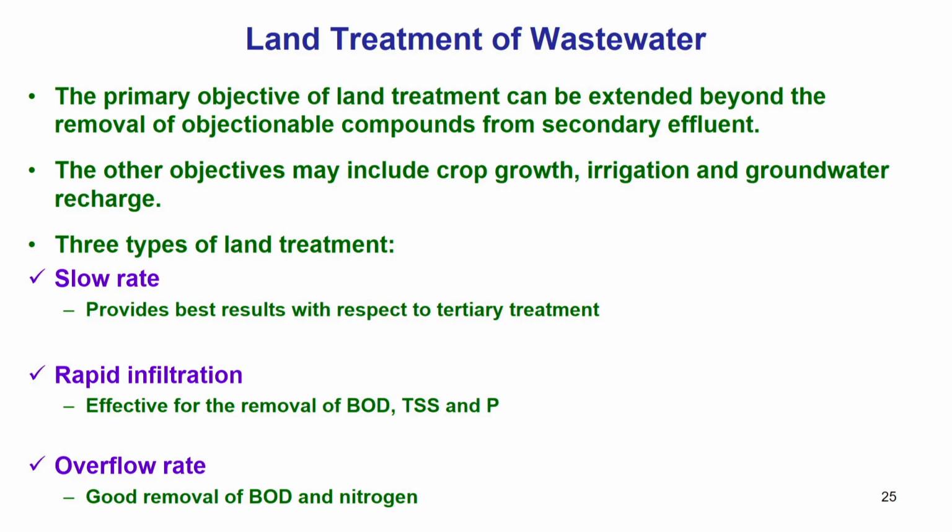Slow rate gives very good results in terms of removal of residual pollutants. Overland flow is the third one, where the water is allowed to flow over land at a mild slope, and in this process BOD and nitrogen are removed.